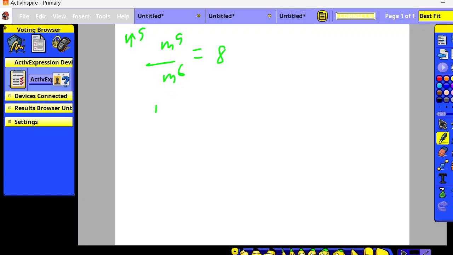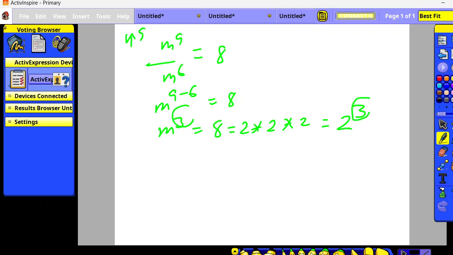This means m raised to 9 minus 6 is equal to 8, which is m raised to 3 is equal to 8. You know 8 is equal to 2 times 2 times 2, which is 2 raised to 3. So this and this are the same. That means m is equal to 2.